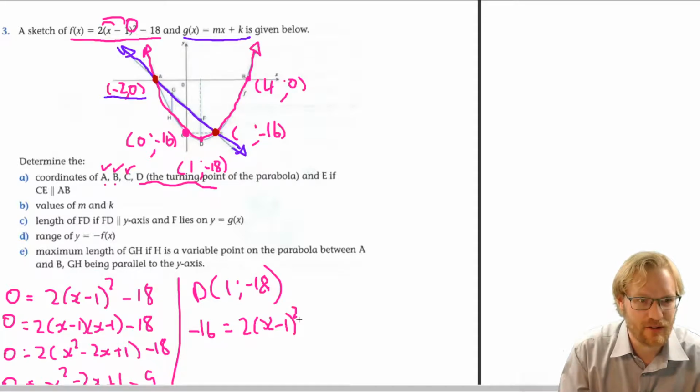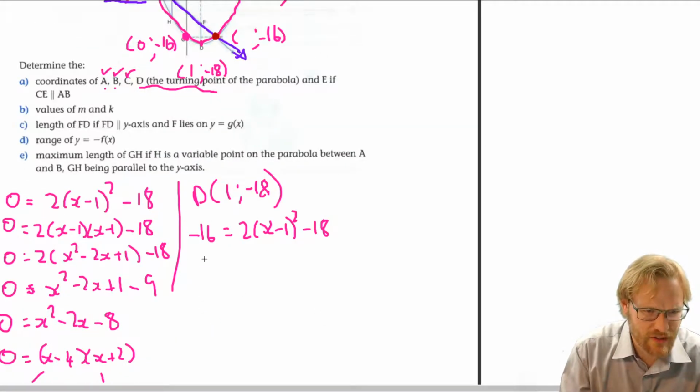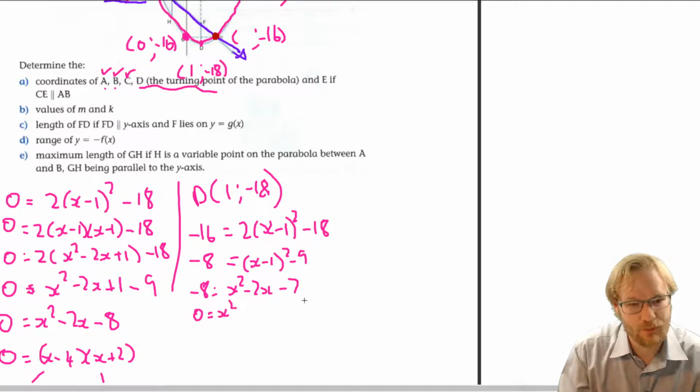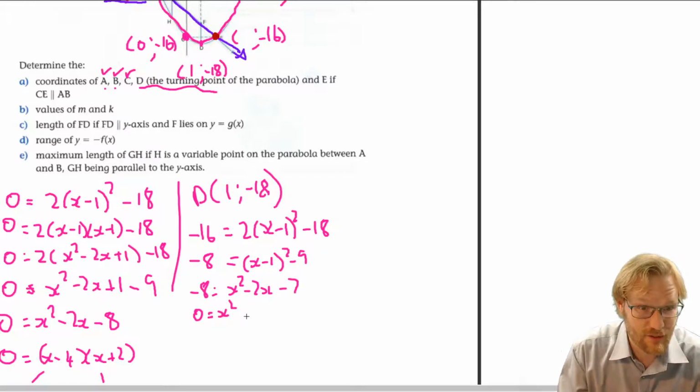Divide everything by 2 straight up. (x − 1)² − 9 − 8 equals x² − 2x + 2 − 9. This is going to take us a while, but it's the one option.